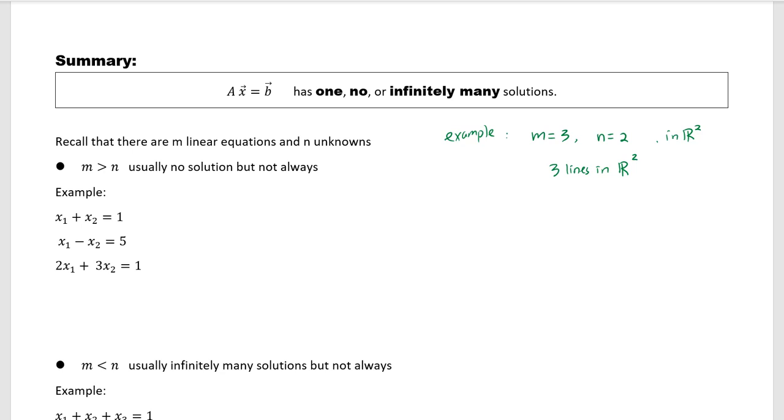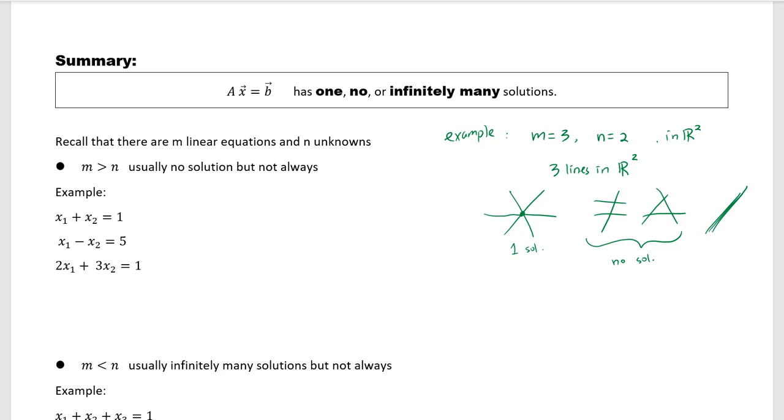Okay, now what are the pictures? Well, can we have one solution? Yeah, if 3 lines look like this, then we have one solution. Can we have no solution? Of course, we can have something like this, or something like this, right? So this picture, we have one solution. These 2 pictures, we have no solution. And can we have infinitely many solutions?